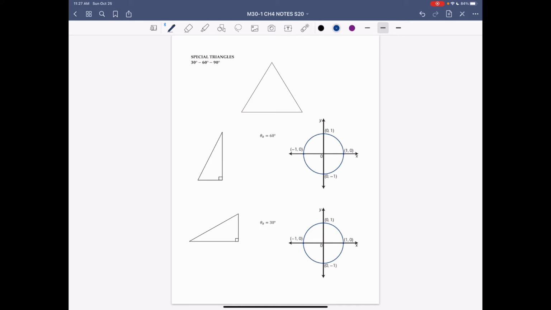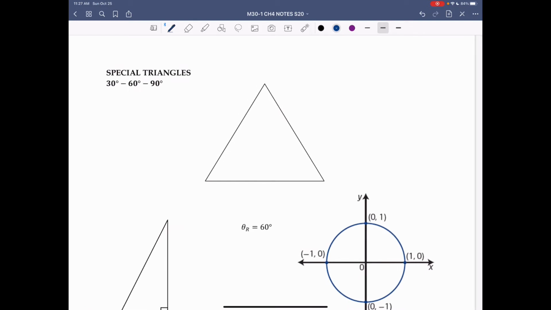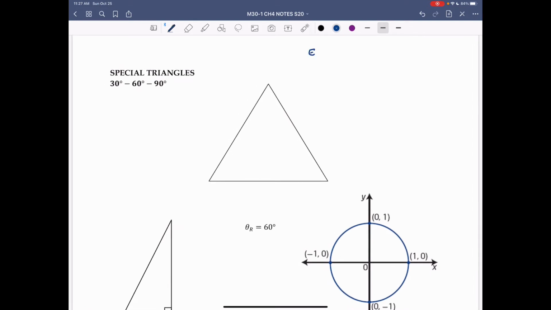Let's review the special triangles we learned in Math 20-1. The first one is the 30, 60, 90 special triangle. To create this triangle, we start with an equilateral triangle. Equilateral triangles have equal side lengths.